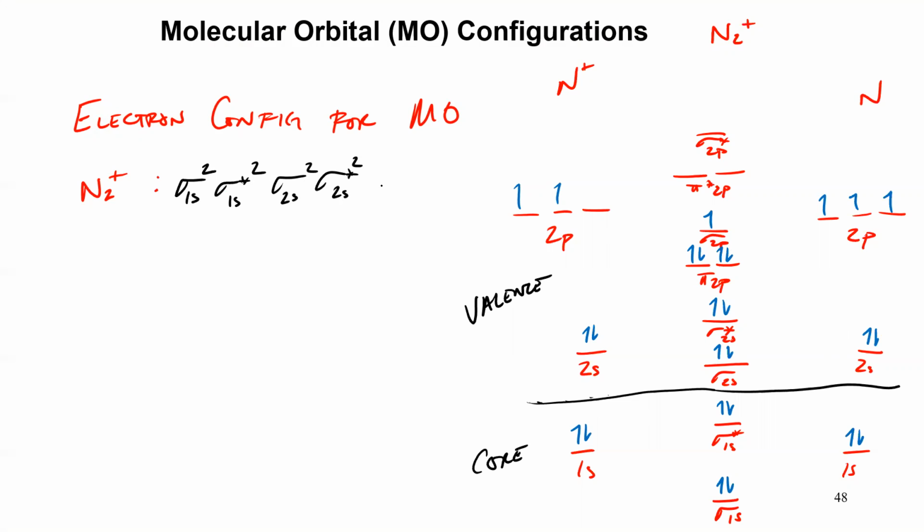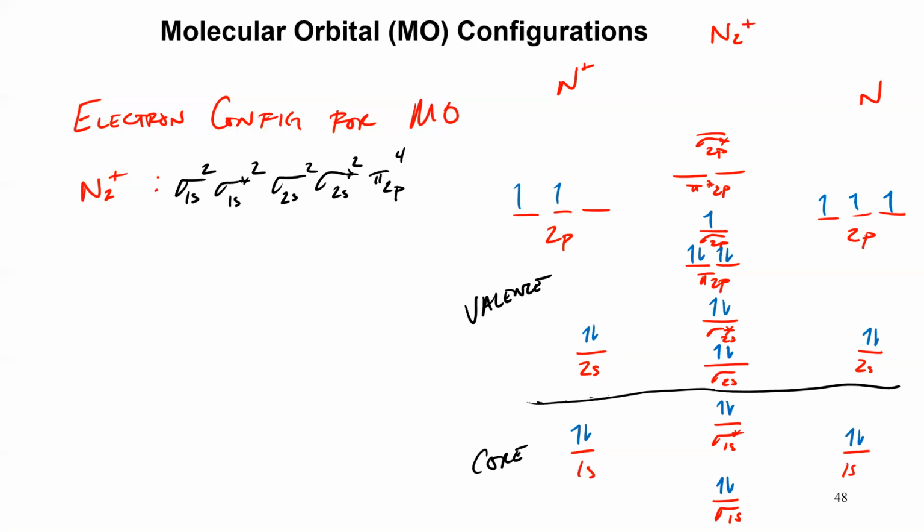And then for our 2p molecular orbitals, we've got our pi 2p with a total of 4 electrons. The textbook sort of talks about separating out the x versus the y versus the z. To me, there's no reason to do that.